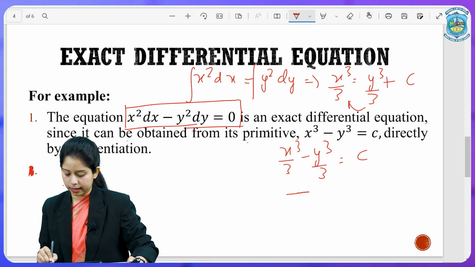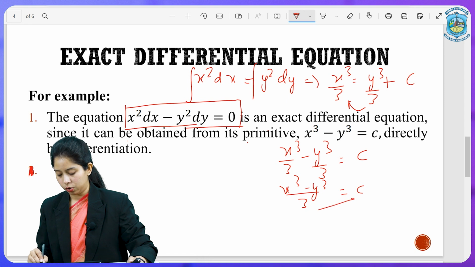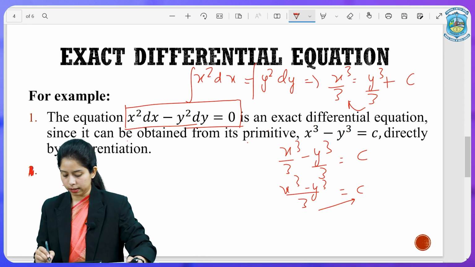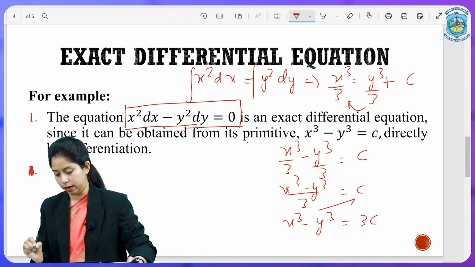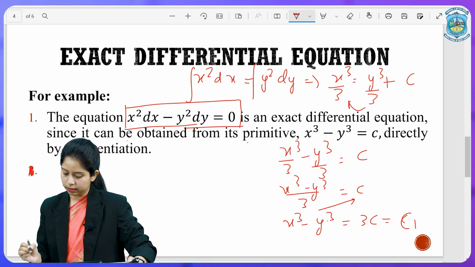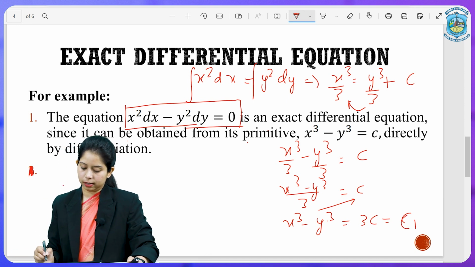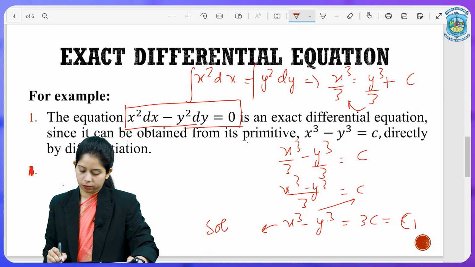While taking the LCM, in the numerator we will have x cube minus y cube by 3 is equal to c. So shifting this 3 to the right hand side, we will have x cube minus y cube is equal to 3c. Again 3c is a constant, we can write it as c1. So this is the solution of the given differential equation.